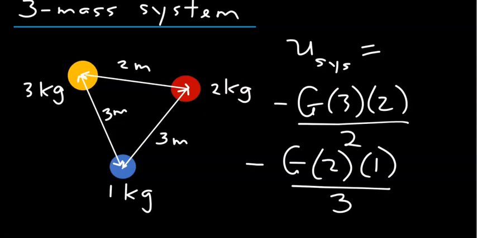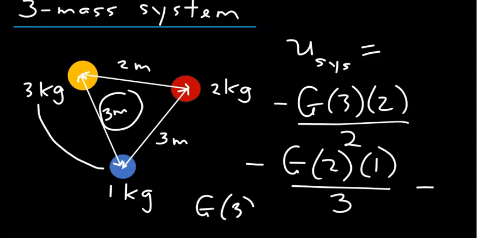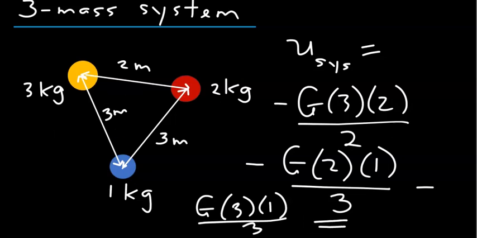And the final pair is that 1 kg and 3 kg mass separated by a distance of 3 meters. And that's going to be minus G, the product of the two masses, 3 and 1, divided by the distance of 3 meters, which will give you a value of minus 3.11 times 10 to the power minus 10 joules.